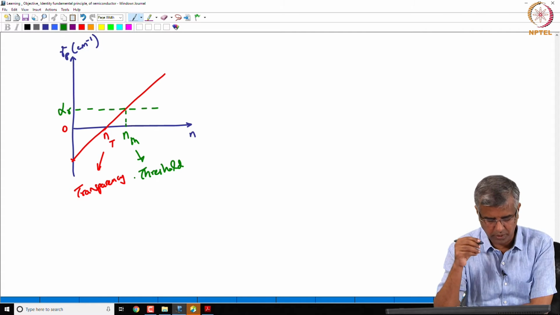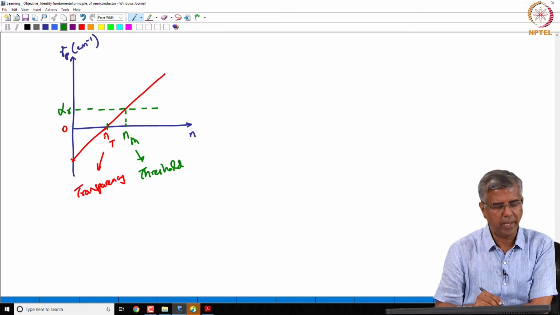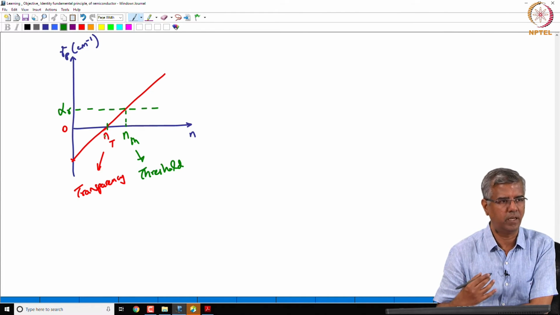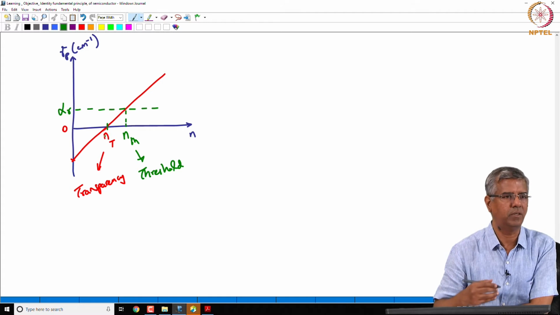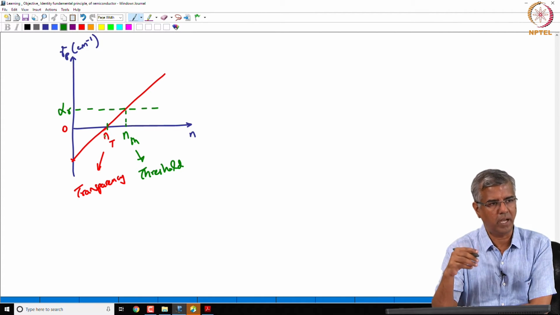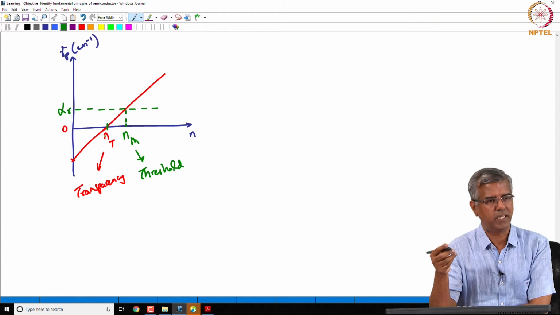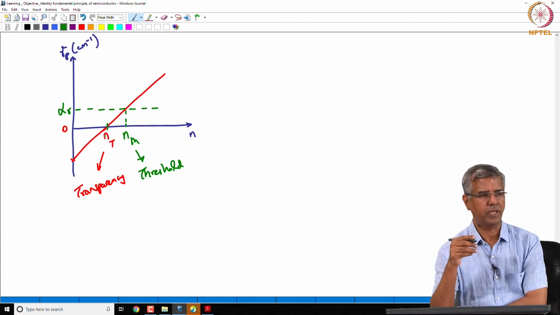So, you are essentially having one point where you are overcoming the absorption in the material and starting to have a net positive gain, but you need more gain beyond that to overcome the losses in the cavity, and only then can you have laser emission.